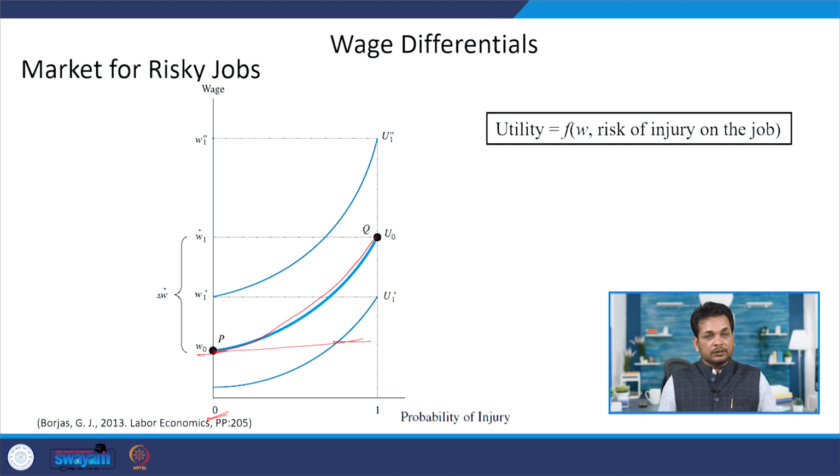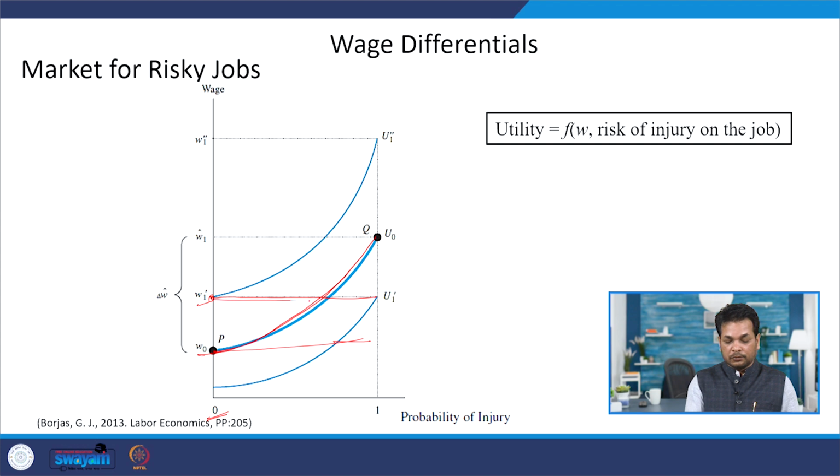Now, to attract this worker to work in a risk environment, if we offer him this W-1 wage rate, he may prefer to work in a risk environment as compared to a safe environment.